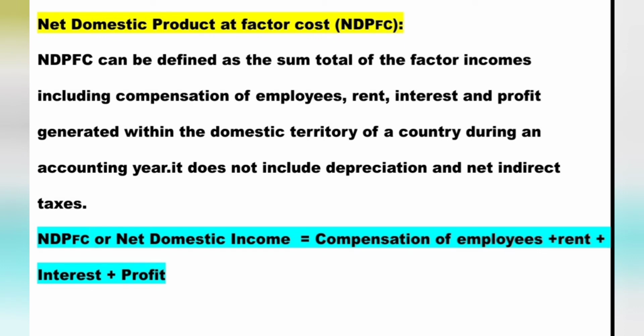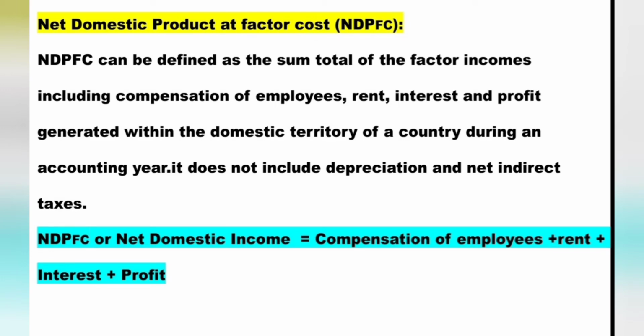Then rent, interest and profit, that is the income of factors of production. Which are the factors of production? Land, labor, capital and entrepreneurship. The income derived by these factors of production is called factor income, in the form of wages and salary, which is otherwise called compensation of employees.